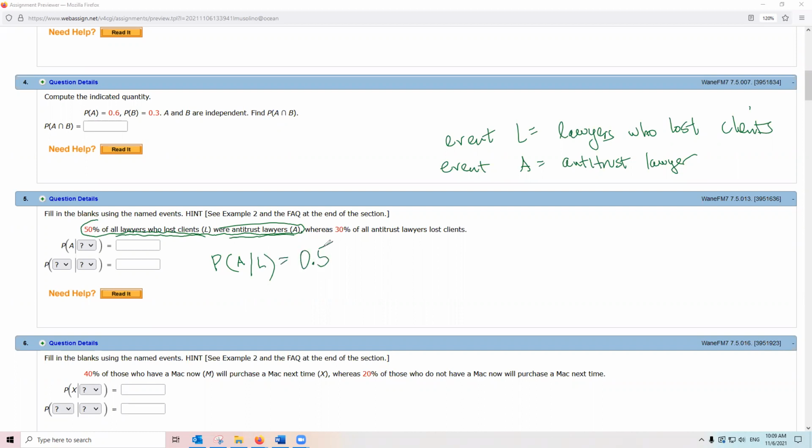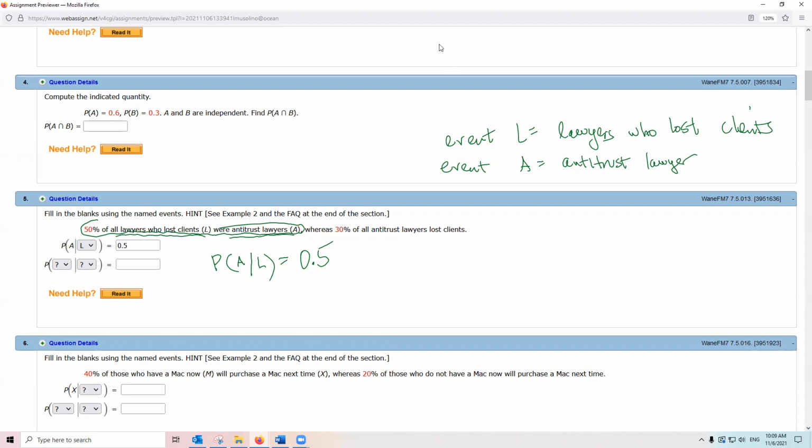So I'm just translating the first sentence, right? First sentence says the probability that a lawyer is an antitrust lawyer, given that they lost clients, that's 0.5. So in WebAssign, I would just be picking an L from this drop-down menu and entering 0.5 in this box. I'm not doing any calculations. I'm just translating the sentence.